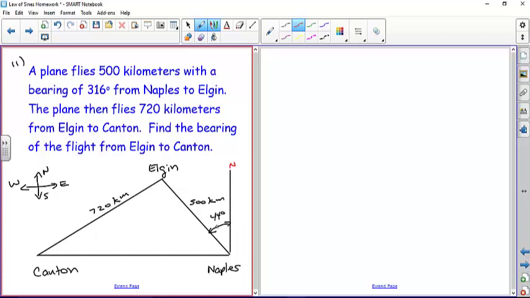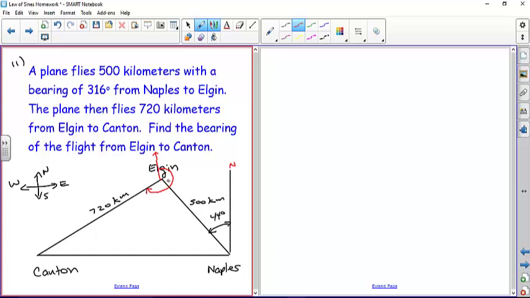So it flies to here, then it flies 720 kilometers from Elgin to Canton. Find the bearing of the flight from Elgin to Canton. Using that same kind of logic, the bearing would be this angle.